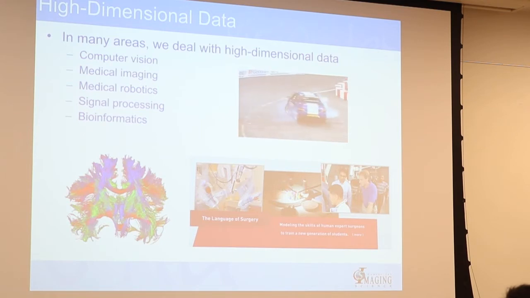And each MRI volume might be 1,000 by 1,000 by 100, and then you get 200 of those. And now you need to take those and extract the connectivity of the brain, figure out which regions are connected, and that's just a drawing of the fibers extracted from diffusion MRI. So again, these data sets are massive, quite big.